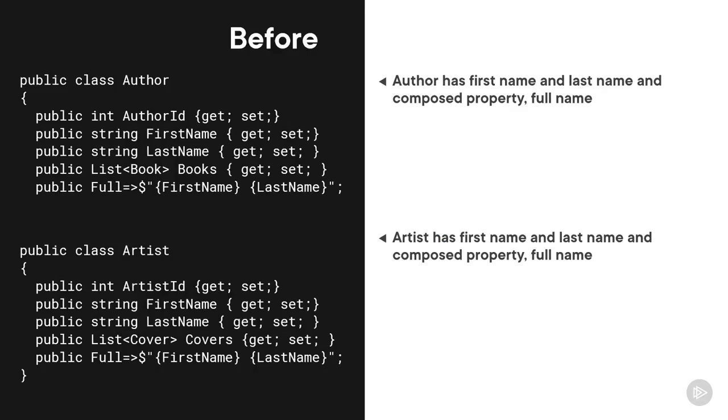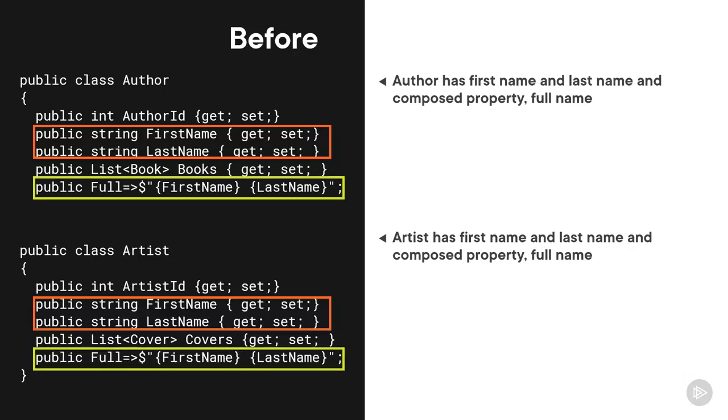Consider, for example, the names of the author and artist. Already we have first name and last name in both classes. What if we also want to make sure it's easy to get the full name? So I've added a FullName property to both classes. Each of these, by the way, is using an expression body to return that combined name.